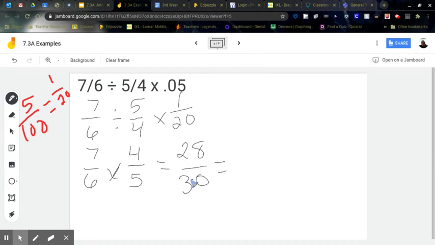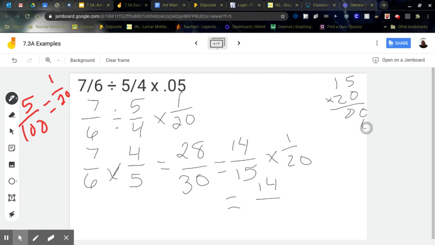So 28/30ths. We can reduce it here to make it easier in the long run. What goes into both 28 and 30? I think it's 2. 2 goes into 28 fourteen times, and 2 goes into 30 fifteen times, so 14/15. Then we take this and multiply it by 1/20. 14 times 1 is 14, and 15 times 20 is 300.